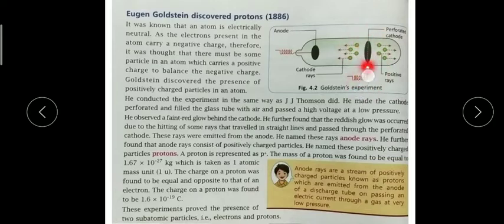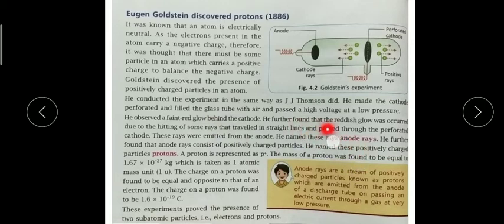He placed a perforated cathode plate in between the cathode and anode, filled the glass tube with air at very high voltage and low pressure, and observed a faint red glow behind the cathode. That red glow shows that these are the anode rays.